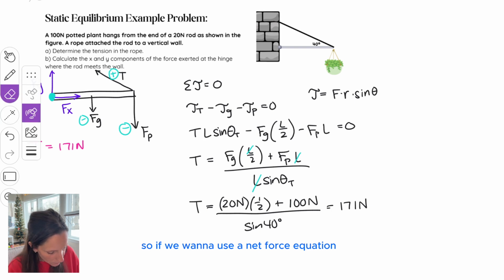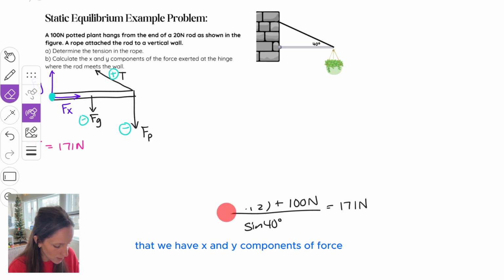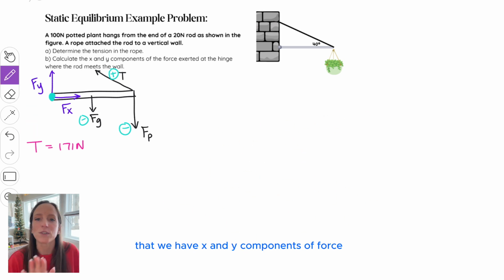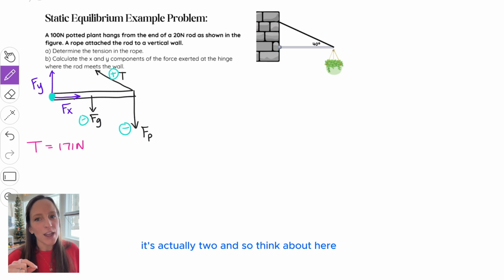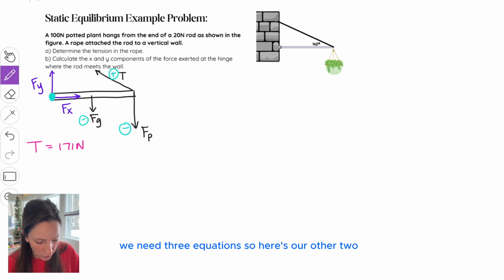So if we want to use a net force equation, we do have to think about the fact that we have X and Y components of force. It's not really one net force equation, it's actually 2. And so think about here, you have 3 unknowns. You have tension, you have the X component, you have the Y component of this force. So if we have 3 unknowns, we need 3 equations. So here's our other 2.